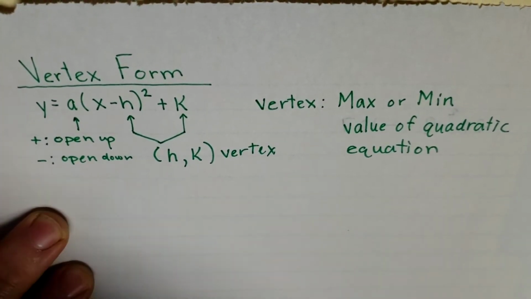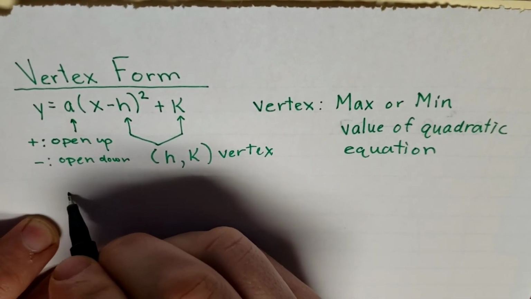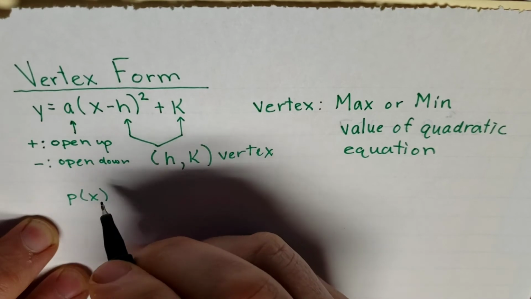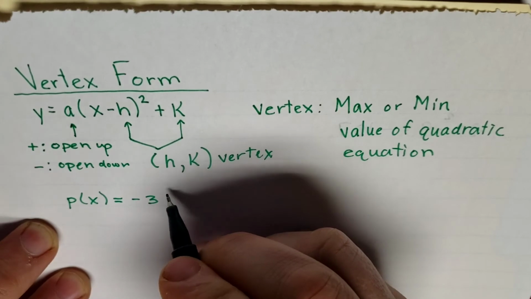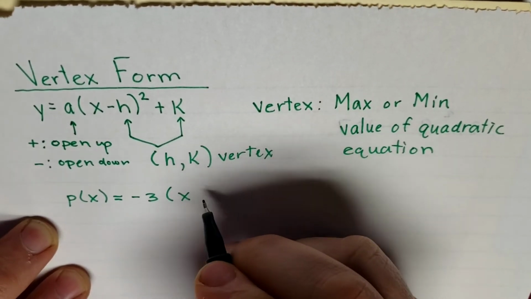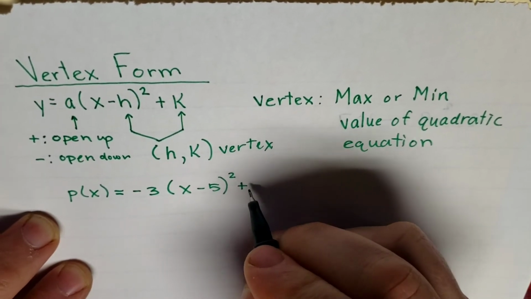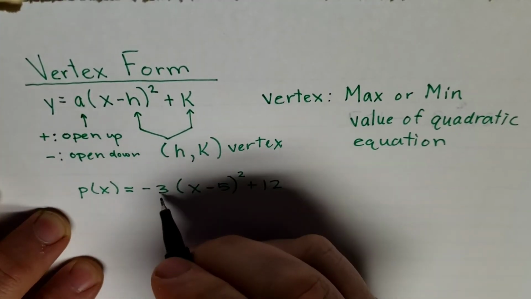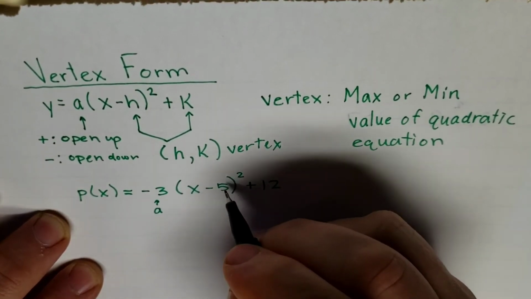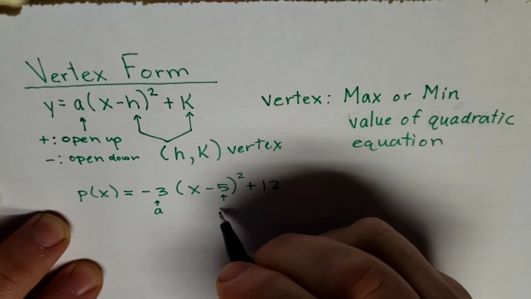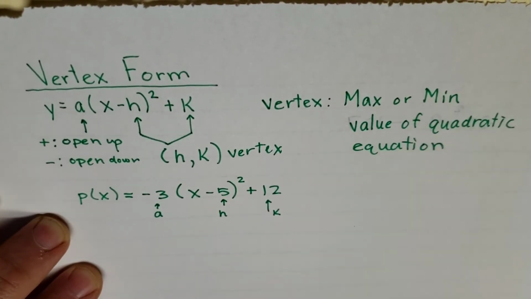So if I had a problem that looks something like this, P of x is equal to -3 times the quantity x minus 5, squared, plus 12. This here is my A value. This here is my H value. And this here is my K value.